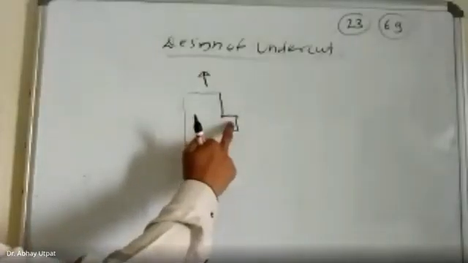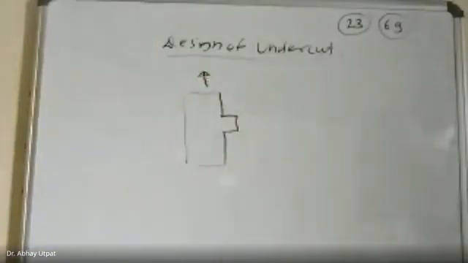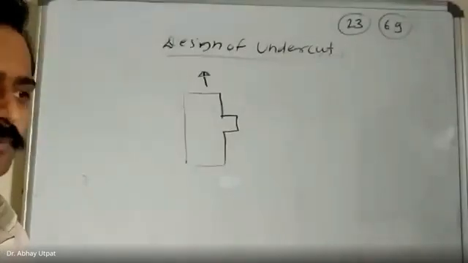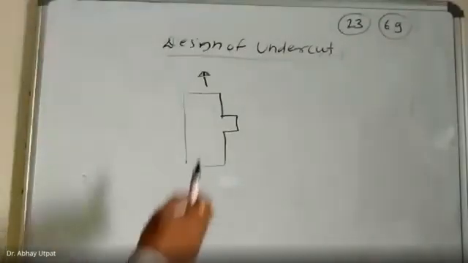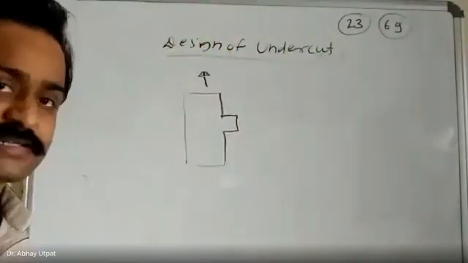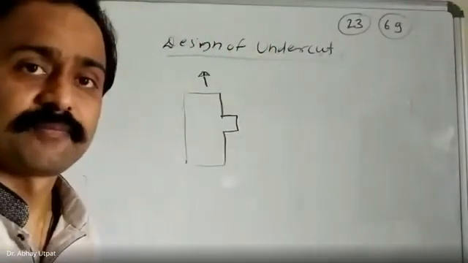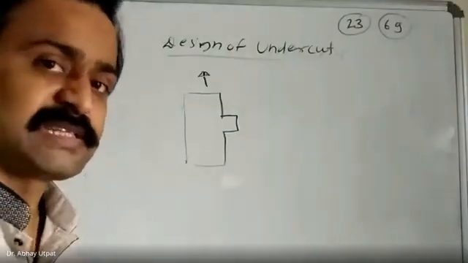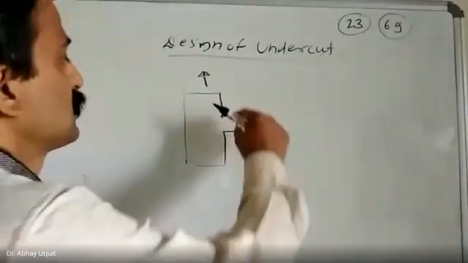This is called an undercut, which may work as an obstacle for easy removal of the component. In case of metallic parts, there was a problem. In case of a metallic part, you can't remove it. But as this is plastic, it is strippable.